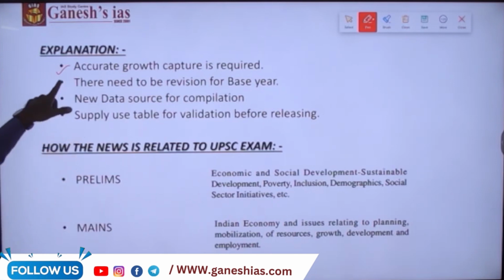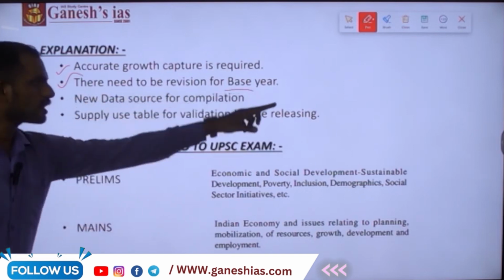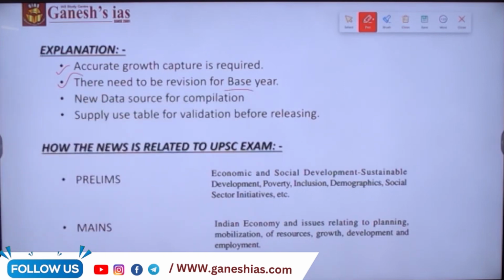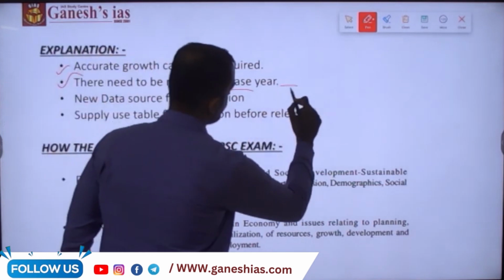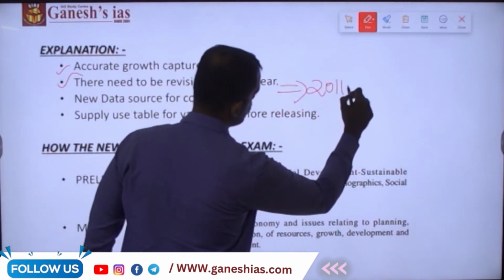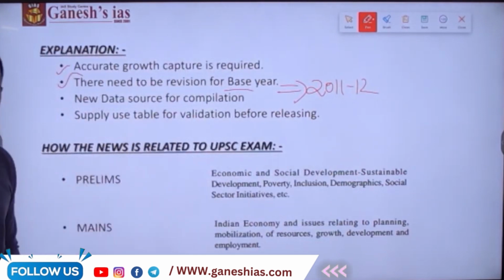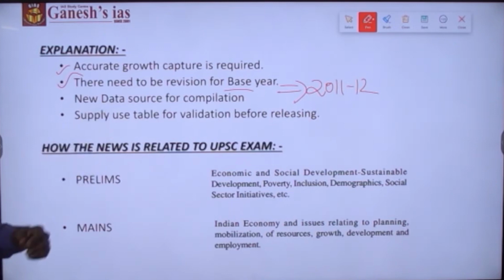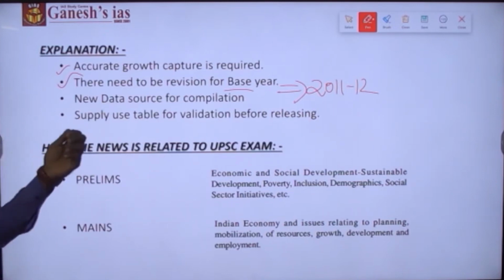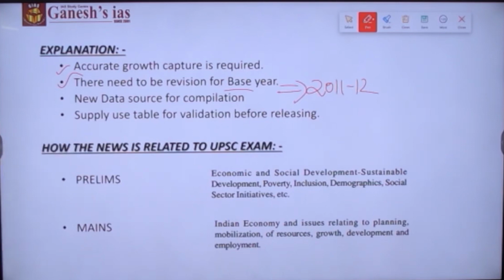The first and foremost problem which the author mentions in the article is the base year. For example, the GDP which we are calculating right now has the base year as 2011-12. It has been more than 10 years since the base year was set for calculating the GDP.